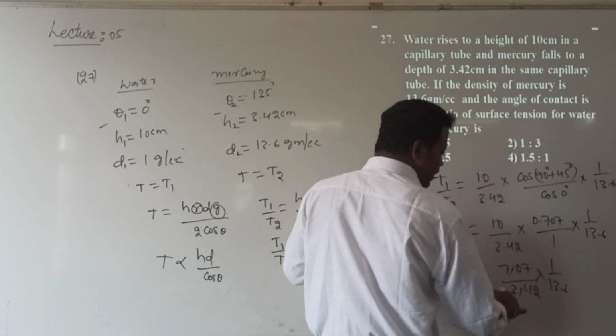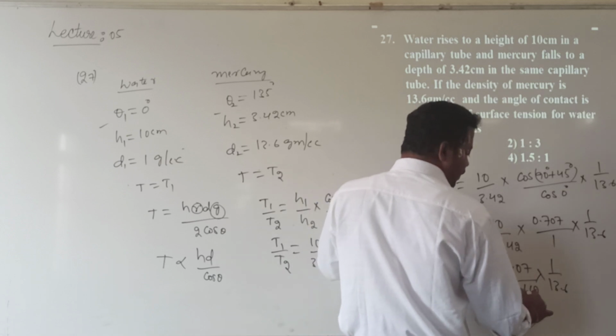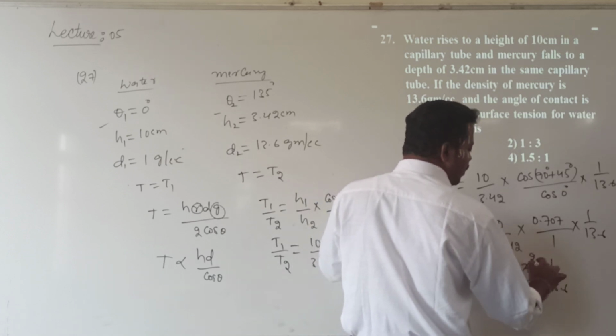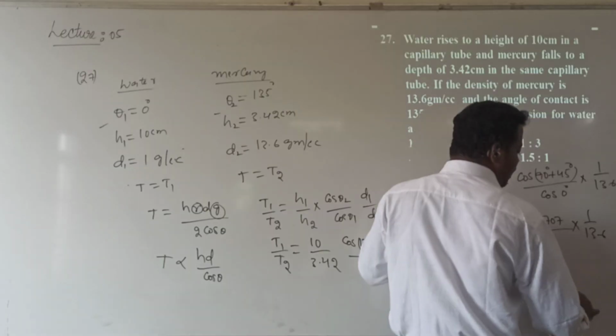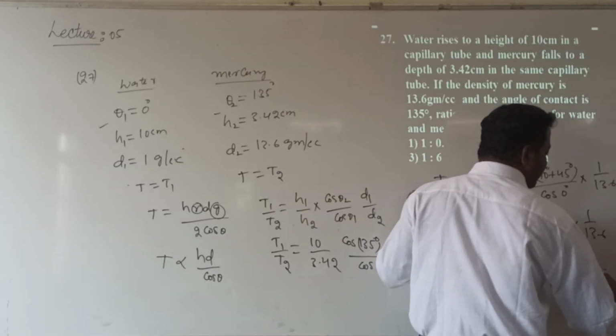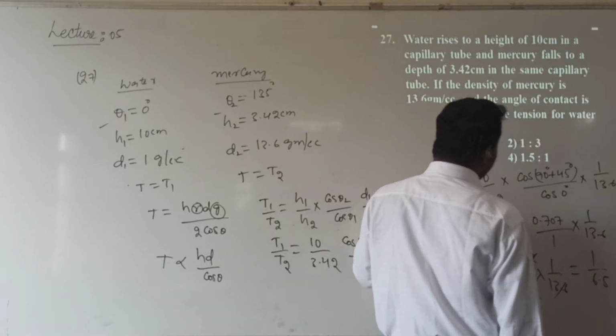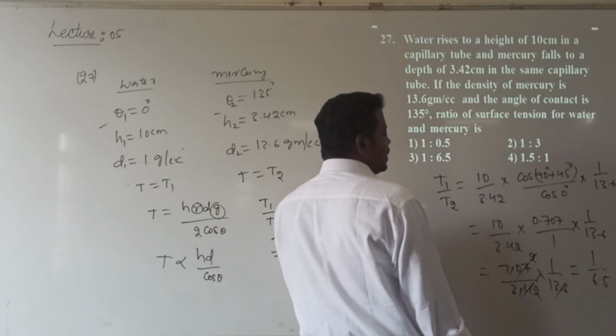The decimals cancel. 342 into 707 goes approximately 2 times, and 2 ones are 2, so with 13.6 I get 1 by 6.5 approximately.